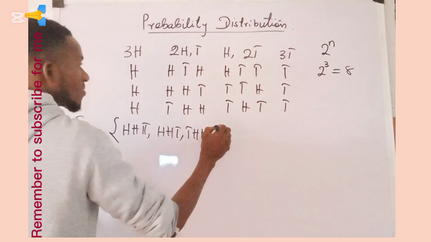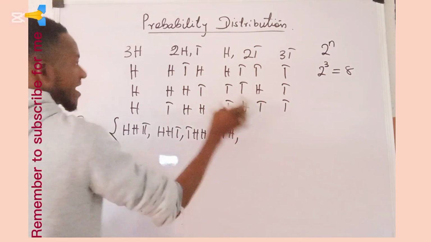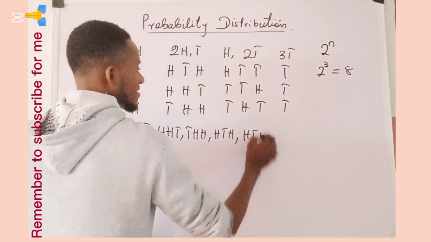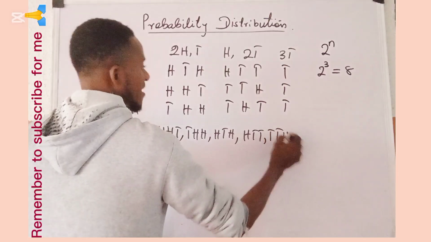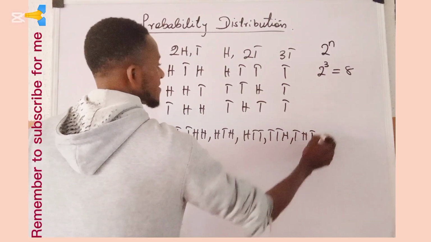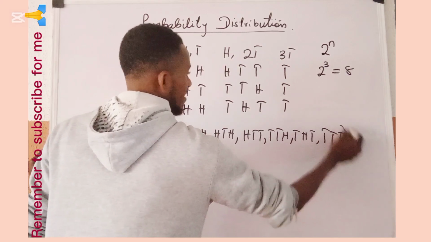We are here now. We have tail, head, head. Here we have head, tail, tail. Here we have tail, head, tail. And then the last one we have tail, tail, tail.